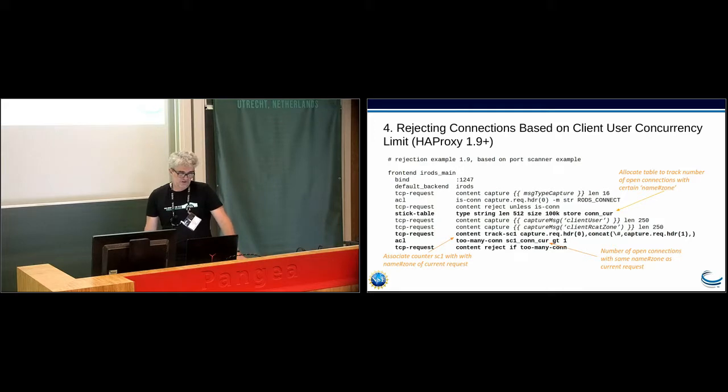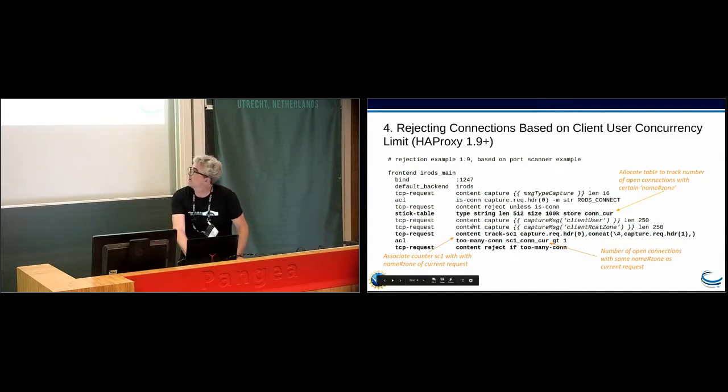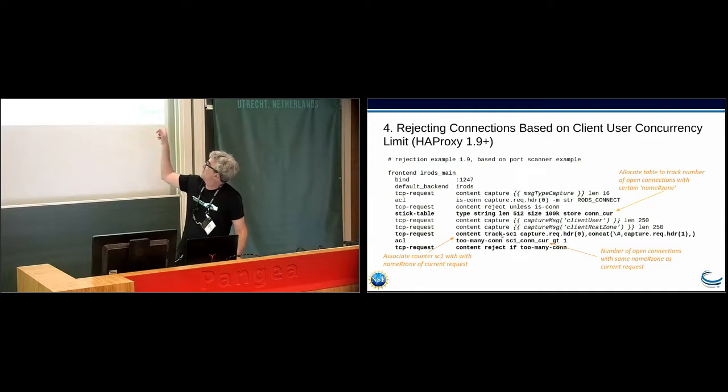How we get the data into the stick table is through the third line from the bottom, which is tcp-request content track-sc1. Track-sc1 means store what comes after that, which is the captured request header concatenated with the other one, in the counter sc1, and use that as a counter for it in the stick table.